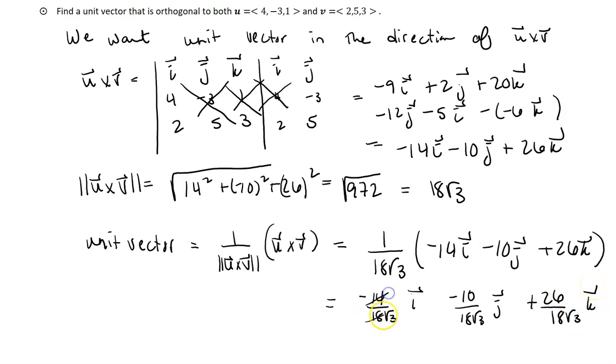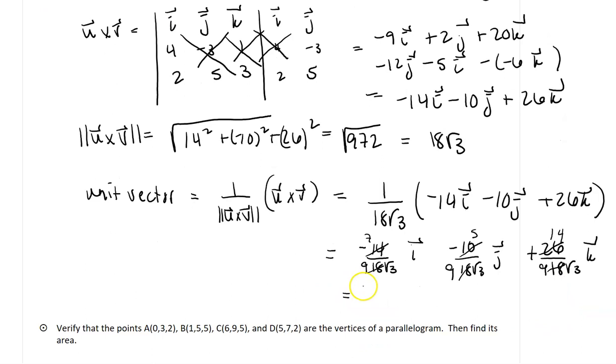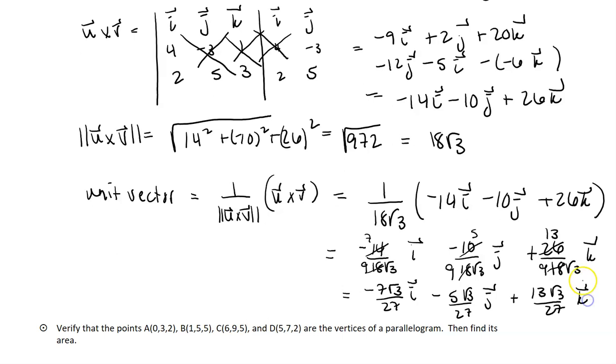And if you do some simplification and do some rationalizing, you get negative 7 square root of 3 over 27 if I multiply by root 3 over root 3, minus 5 root 3 over 27 j plus, oh, this should have been a 13, 13 root 3 over 27 k. And that will be your answer.